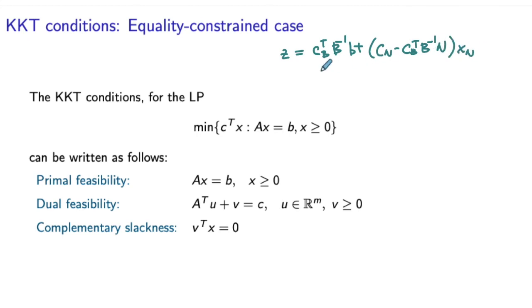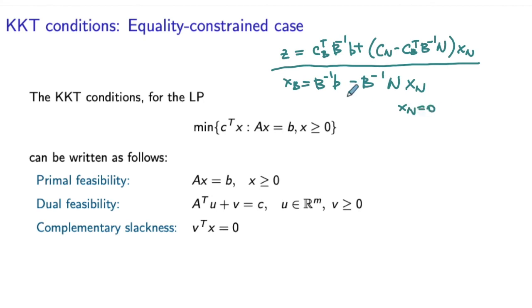So that's row 0. And then we have x_B given by B inverse times b minus B inverse times N times x_N. And recall that we obtain the basic feasible solution by setting x_N to 0, then x_B will be equal to B inverse times b, and so on.